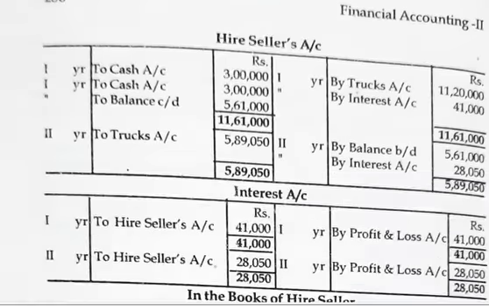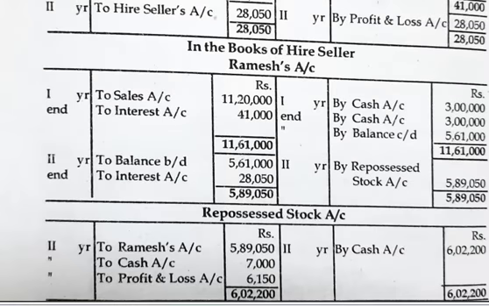Now in the books of seller also we have to open 2 accounts, that is Ramesh account and repossessed stock account. This you can open later. First you open Ramesh account. Now what you have to do is, first entry is a sale entry. Entry will be Ramesh account debit to sales account, that is the hire cash price you have to write, 4,20,000.